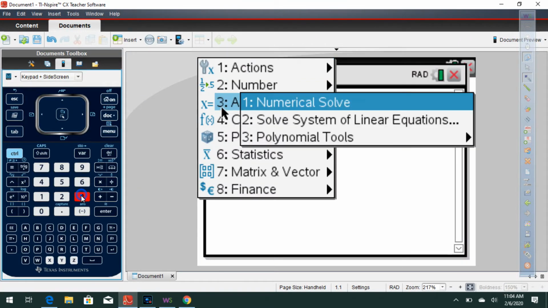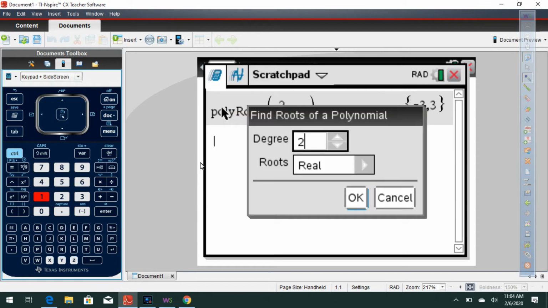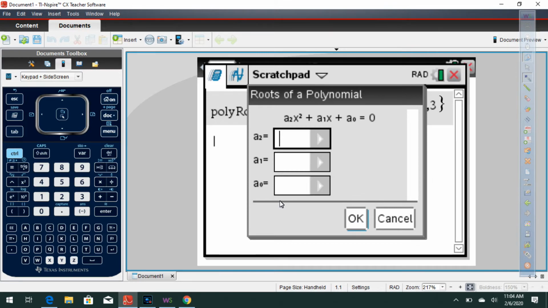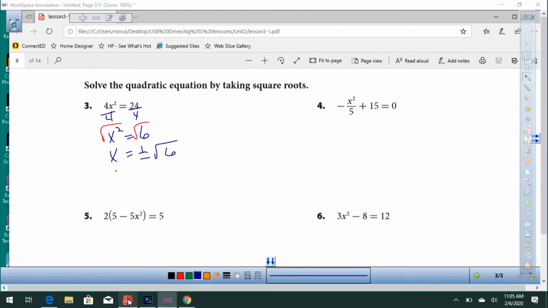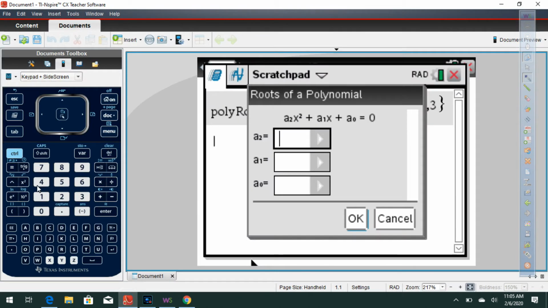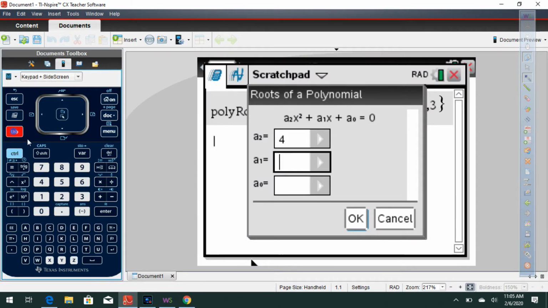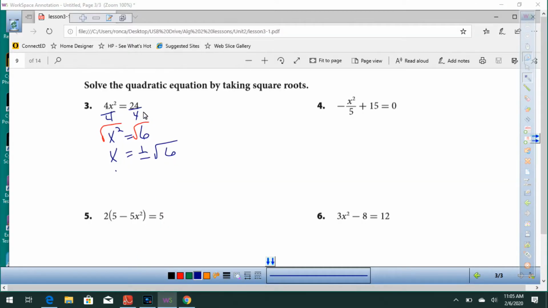menu 331, degree is 2, real. You've got 4 here. You have no middle term, 0. And if you notice, this is on the right side, so you're going to have to move it. 4x squared equals 24.